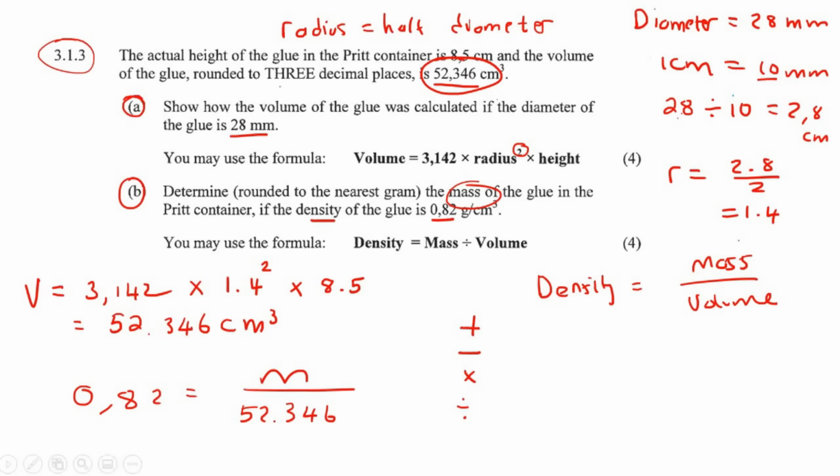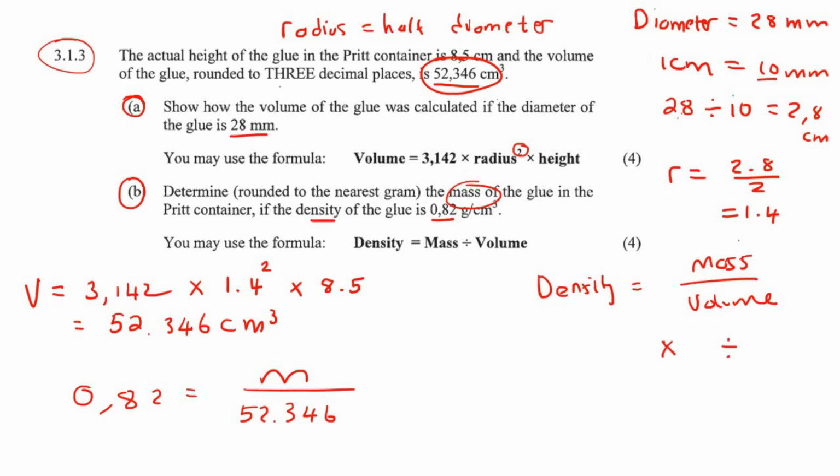Those are the 4 basic ways to move something from one side to the other. But only one of those is correct. It's not going to be plus and minus, because you only do that if your question was more like this. Maybe you have something like that, for example, then you can move the 52 over by using either plus or minus. So it's either going to be times or divide.